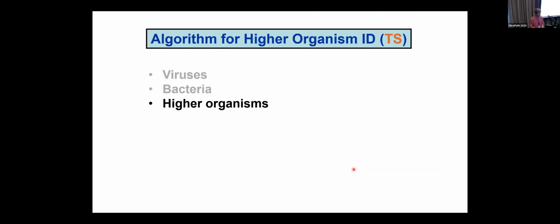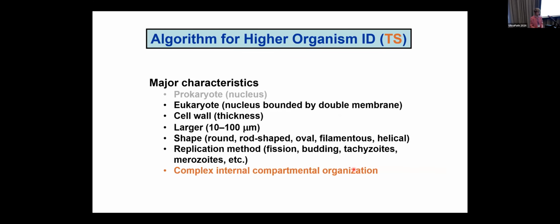Moving on up the food chain, we have higher organisms, and they are complicated. And I think the bottom line for higher organisms is look on the inside, and if they have a bunch of organelles that you don't recognize, you know it's something that shouldn't be in your liver, kidney, heart, brain sample. So the major characteristics for identification are, does it have a nucleus?